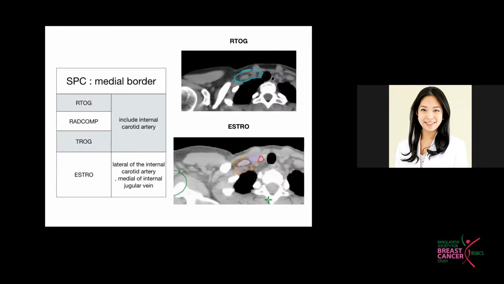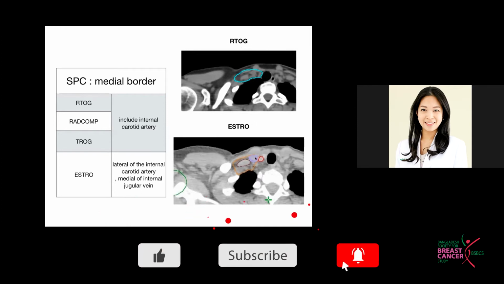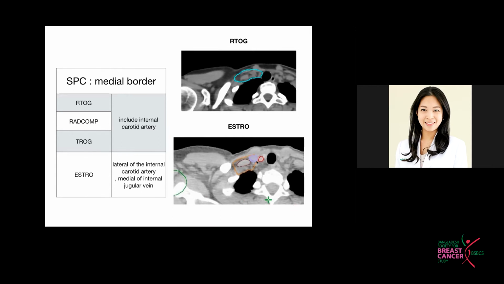How about the medial border? For RTOG, RADCOMP, and TROG, they include the internal carotid artery. They just exclude the trachea. But for ESTRO, you can see that the medial border is at the medial of the internal jugular vein, so it doesn't include the internal carotid artery.